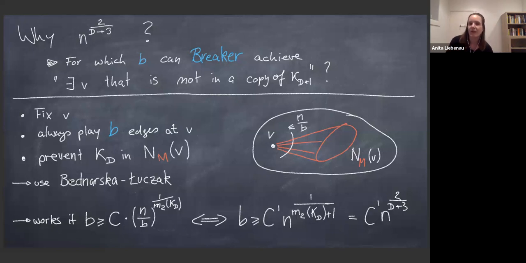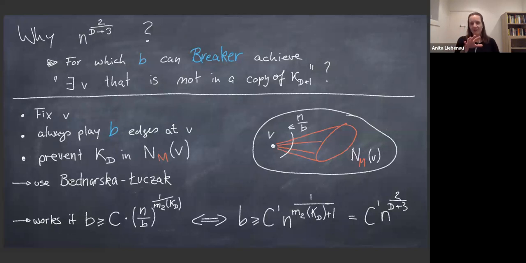Actually, the number of vertices is n over b. And if you rewrite this, then that just translates to b being at least some other constant times n to the 1 over 1 plus the m_2 density of K_d, which is exactly the bound that we got. So that's the right intuition to give you the right threshold bias.